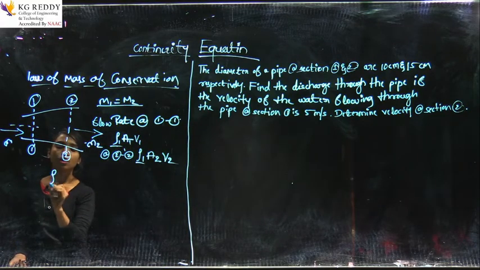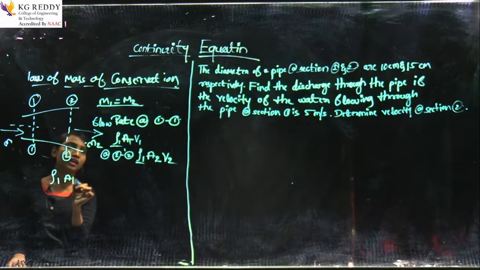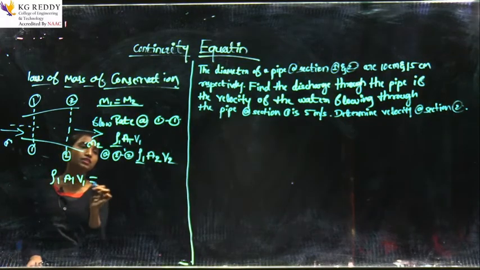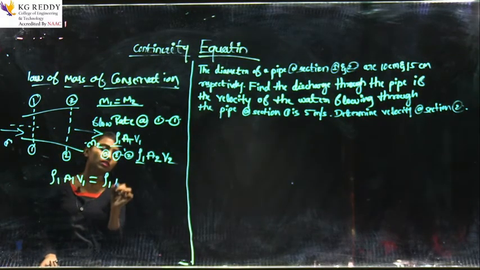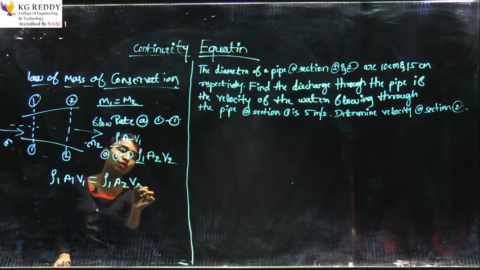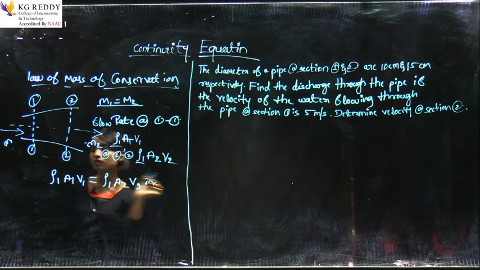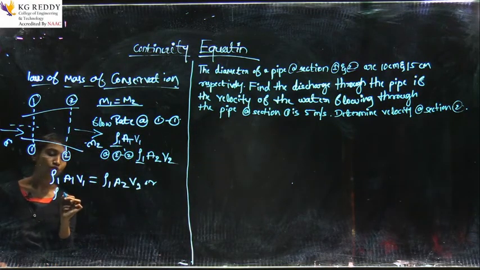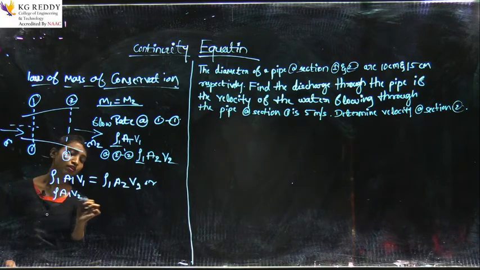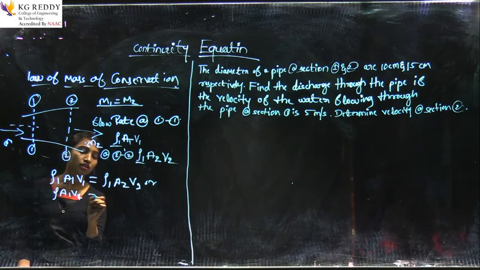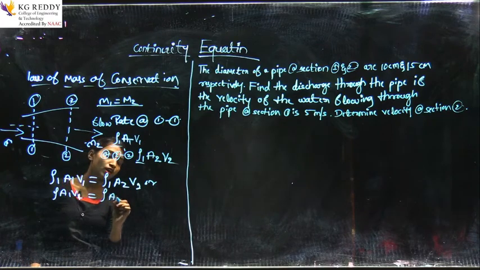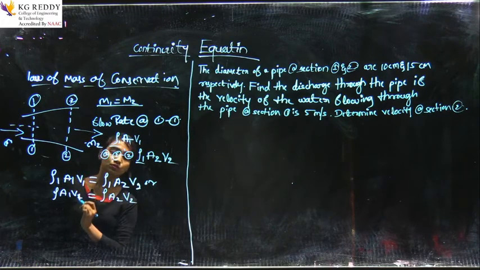So rho 1 A1 V1 is equal to rho 1 A2 V2, or how to write it, rho A1 V1 is equal to rho A2 V2.